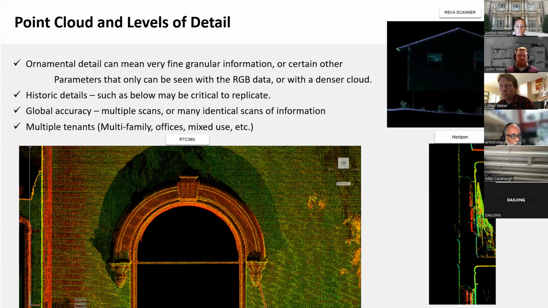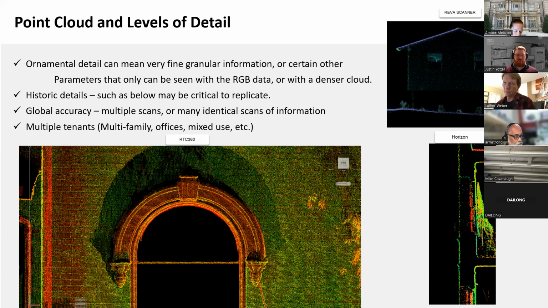Ornamental detail can mean a very fine granular level of information or just certain parameters that can only be seen with the RGB data or with a denser point cloud. Historic details such as the ones below in the RTC image may be critical to replicate, or there may be other detail that wouldn't show up in the mobile scanners that might show up with the RGB data as well.